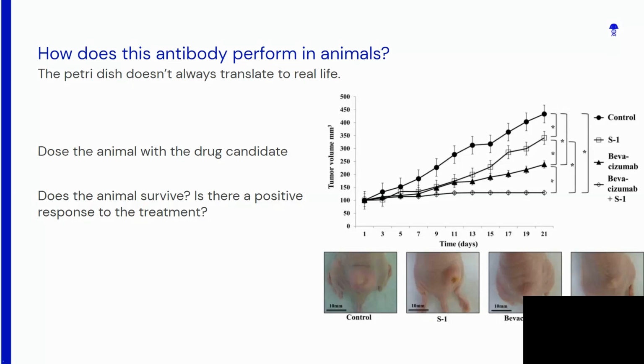Avastin is a drug that's used for solid tumor cancers, among other things. In this case, we have immunocompromised mice with a solid tumor cancer injected subdermally, and we measure how the tumor volume grows over time on a control substance versus bevacizumab, the antibody therapeutic.